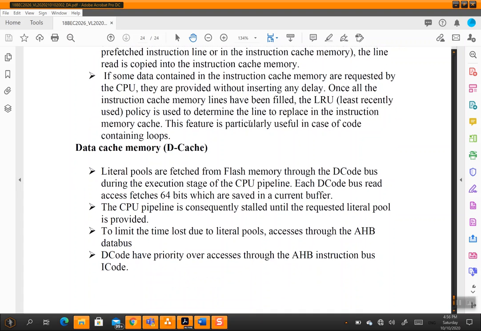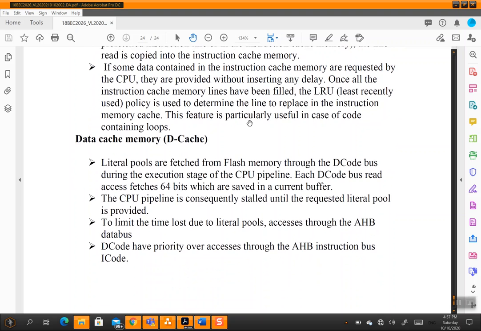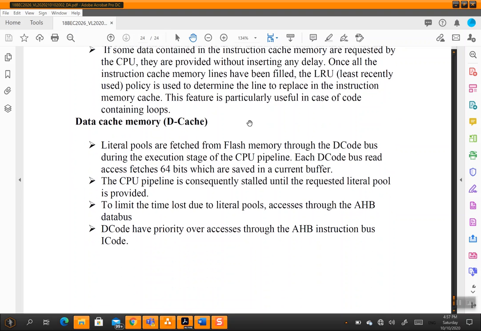The next cache memory organization is the D-cache, or data cache memory. In its operation, literal pools are fetched from flash memory through the decode bus during the execution stage of the CPU pipeline.